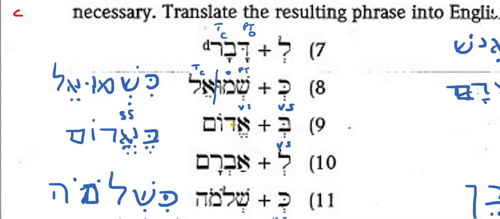All right? Now, adom is not a simple vocal shava, and it's not a silent shava. It is a compound shava, and I'm going to mark that in my labeling. So adom. How many true vowels do I have if we are not treating vocal shavas and compound shavas as vowels? Here I have 1, a holam vav.